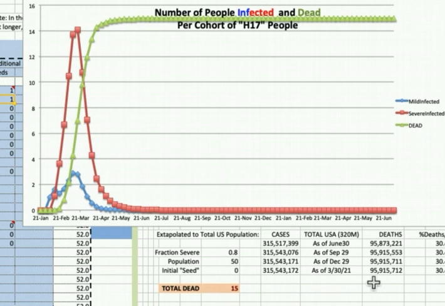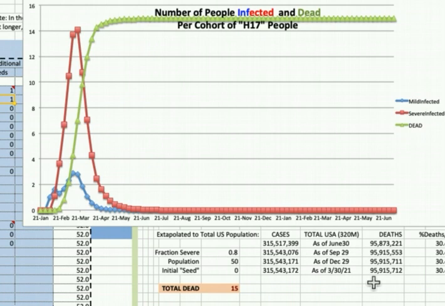So that's a very large number. And what it means is that we've got to protect our nursing homes and mitigate them as best we can, because otherwise, as time goes on, some infected person will come in and wipe 30% out.